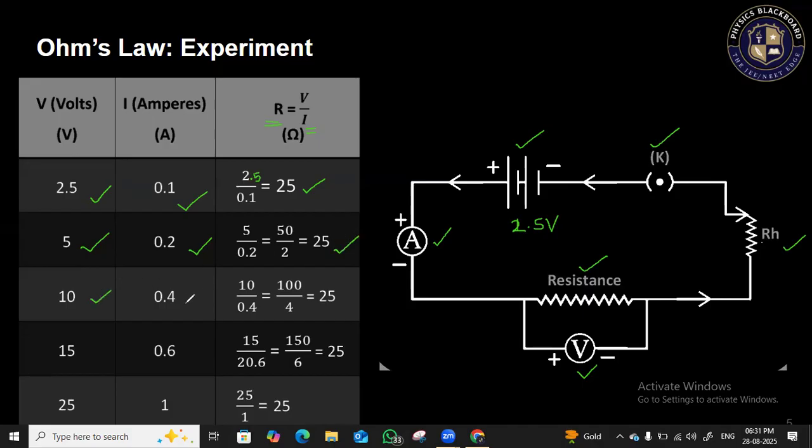And in the third case, you have taken a potential difference of 10 volts and the current passing through the resistor is 0.4. Taking the V by I ratio, you will get 25 ohms again.